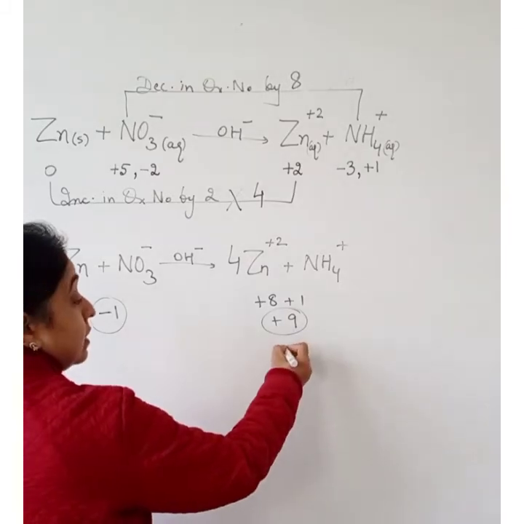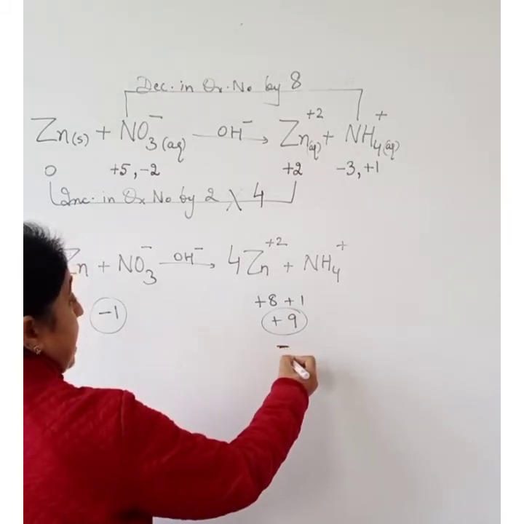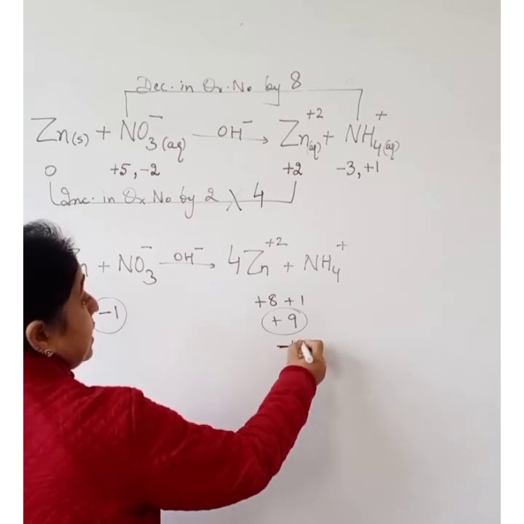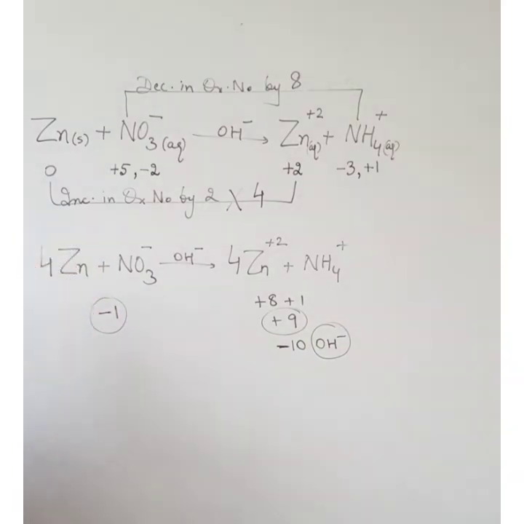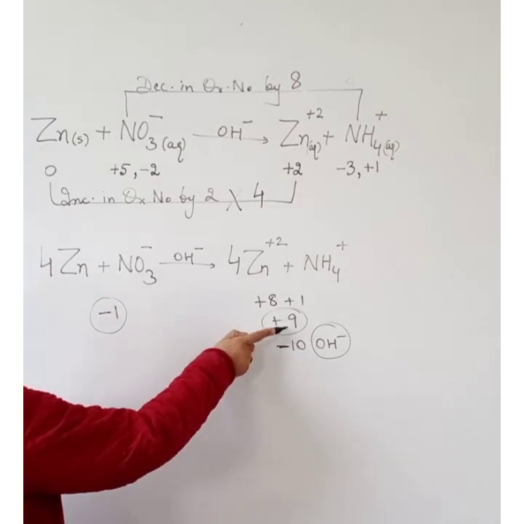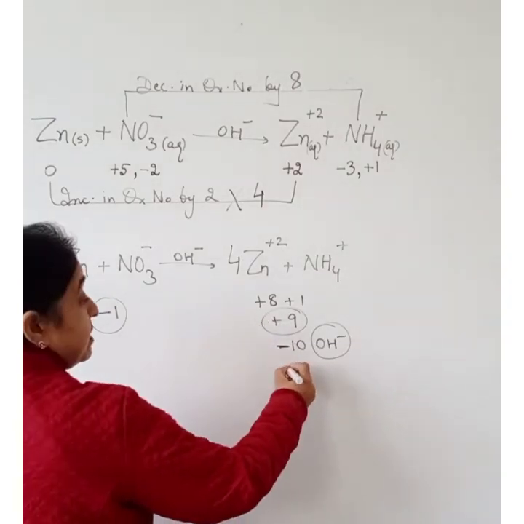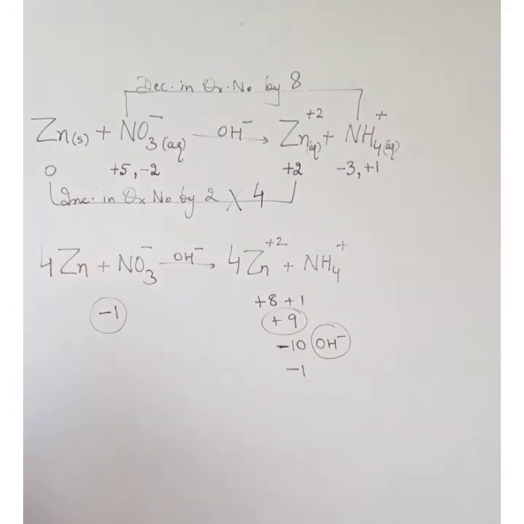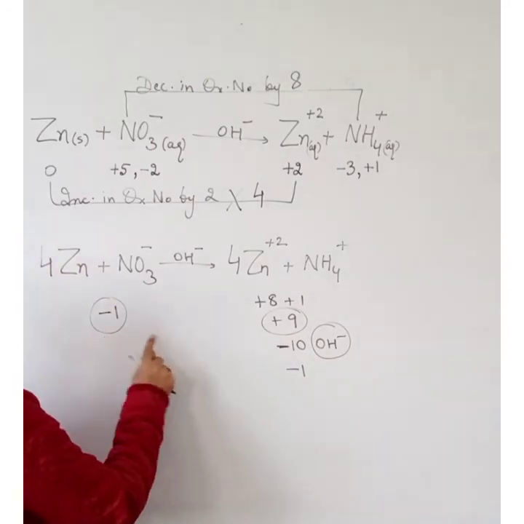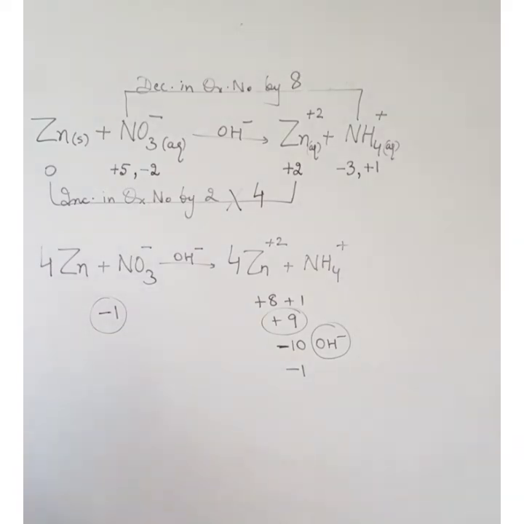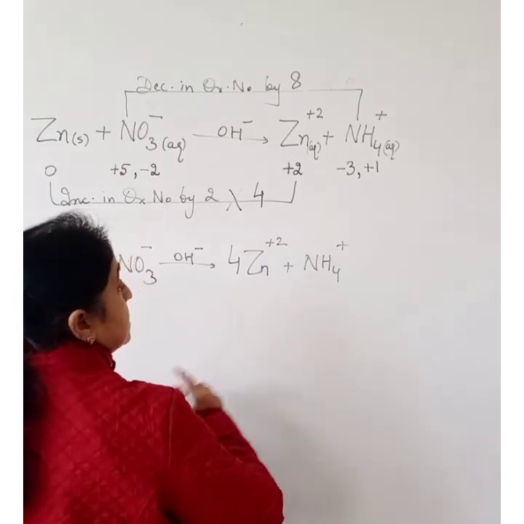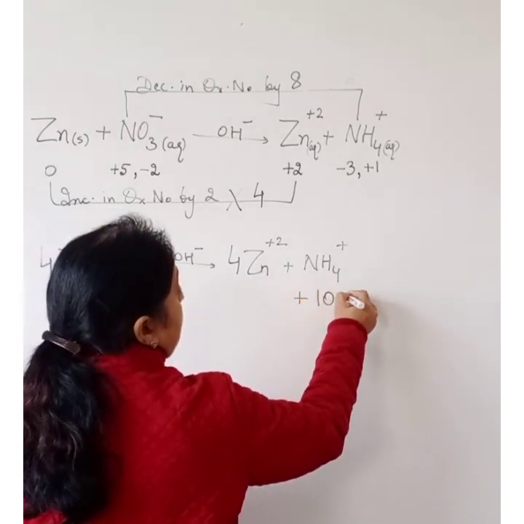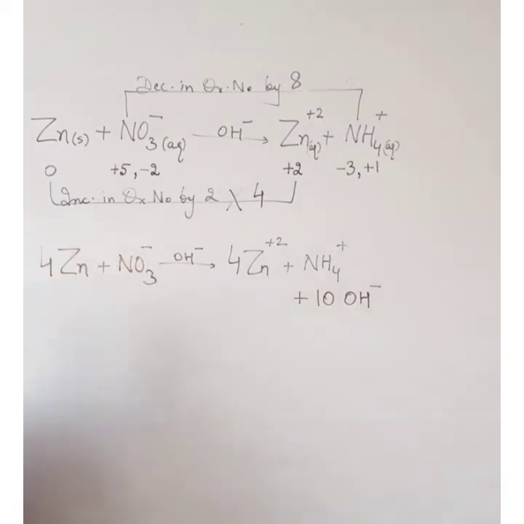If I add 10 OH minus ions, 10 OH minus ions means -10 will be the charge. And -10 plus 9 is going to give me -1 charge. So then in that case, both the sides, the charges will get balanced. So I have to put 10 OH minus ions on this side for balancing the charges.